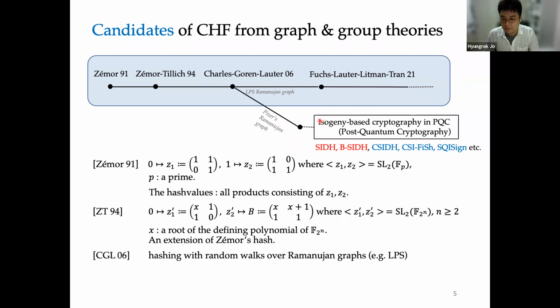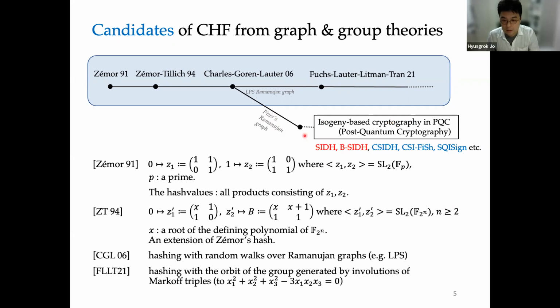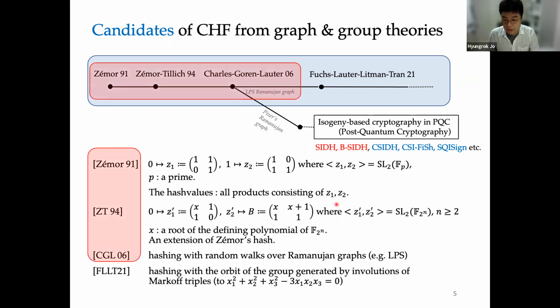Even though many cryptanalytic attempts against SIDH have recently been revealed, it is still a fact that the CGL hash function published isogeny-based cryptography with a variety of applications. And last year, Fuchs et al. suggested a hash function based on the Markov triple. Unfortunately, most of the hash functions are known to be vulnerable to specific attacks, but these attacks are somehow heuristic. If we change the generator G1' to G1'', then we still don't know how to attack.